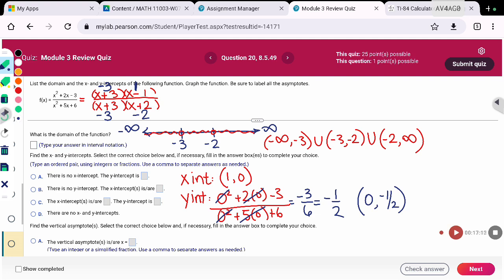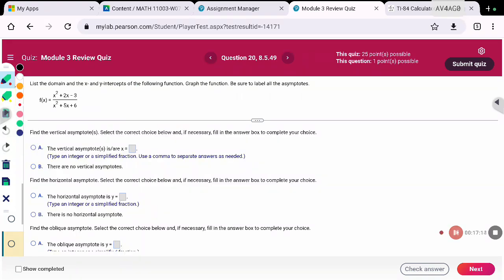All right, the next part of the problem, let me go ahead and write what those factors were again. Which means the zeros were -3 and 1 up top, and -3 and -2 in the bottom.